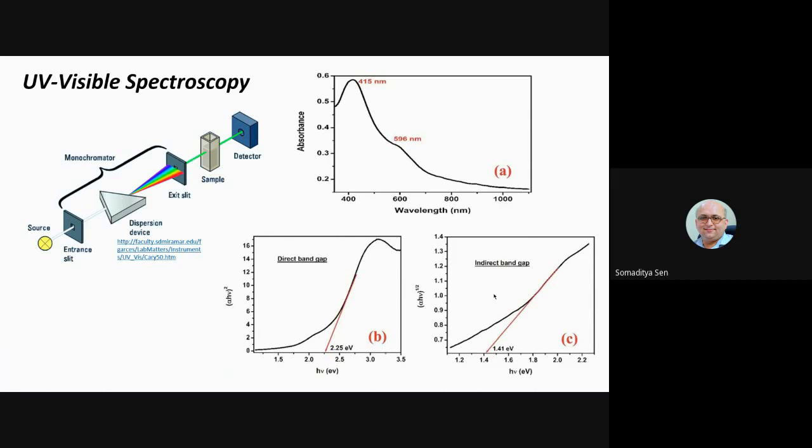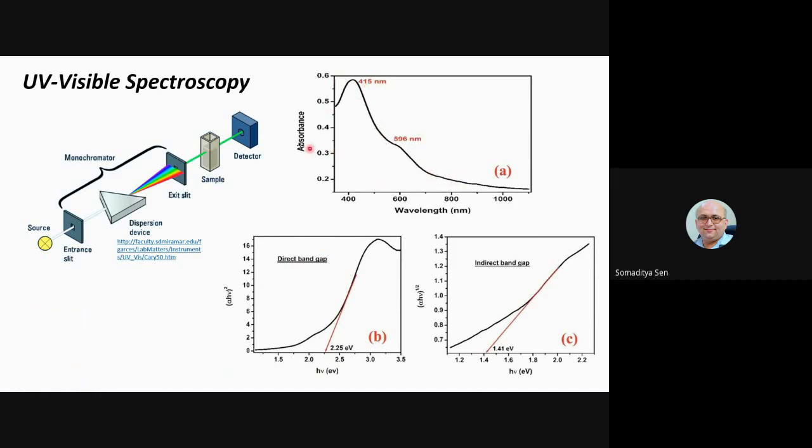The dispersion device can be rotated to make different wavelengths fall on the slit so that we get one wavelength at a time falling on the sample. And then there's a detector which gives us the information of what absorption we get at what wavelength.